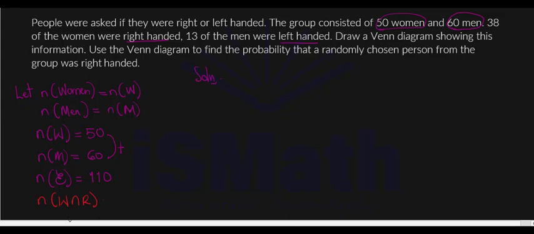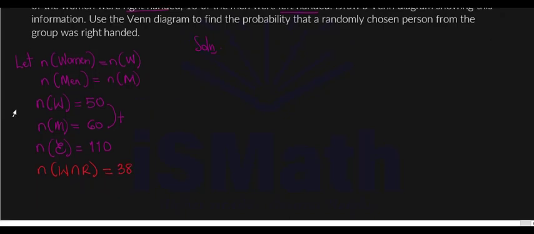So this set of people are those who are right-handed and also women, and that's why we use the intersection notation to represent that. They said they are 38 in number. And then they also said that 13 of the men, and pardon me, I had not represented R by something.